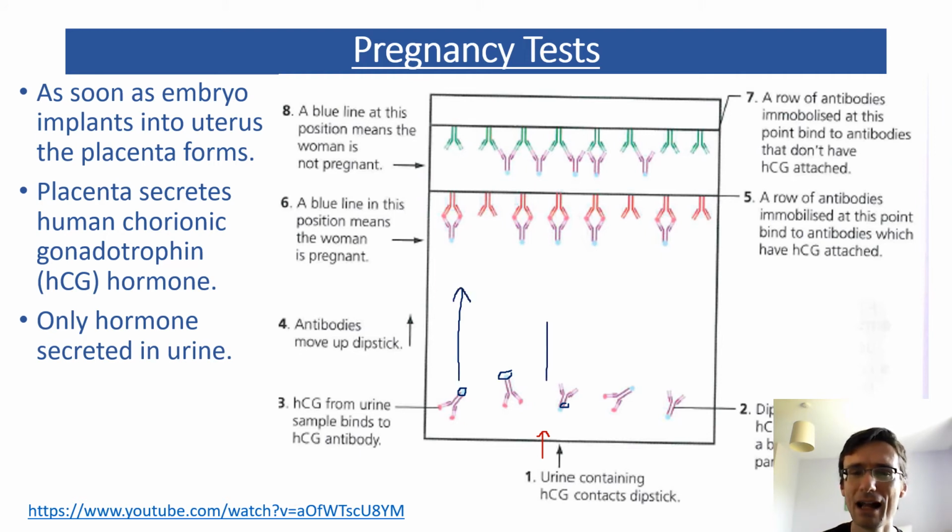And if they move up the stick, they hit a row of immobilized antibodies, which will also attach to the human chorionic gonadotrophin hormone.